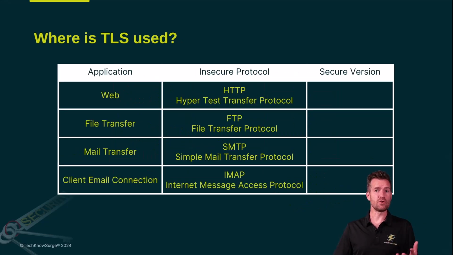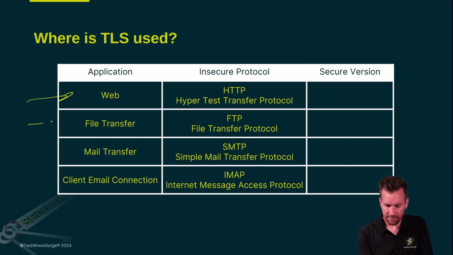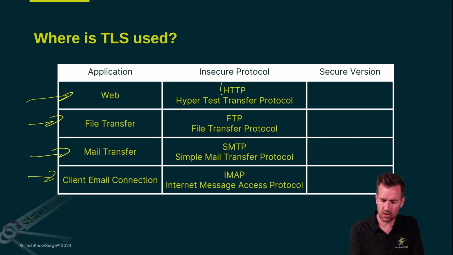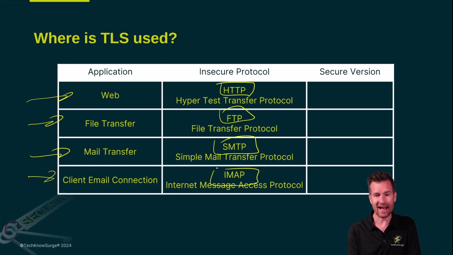So where do we use TLS? There's lots of different applications on where we use TLS, but here are just a few examples. The web, file transfer, mail transfer, and client email connections are just a few of the examples. And we created these insecure protocols like HTTP, FTP, SMTP, and IMAP, or Internet Message Access Protocol.